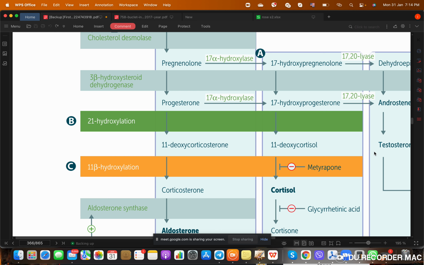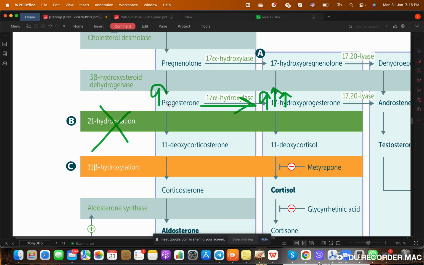And that's what they ask, not the progesterone. Why is it not the progesterone? Because we inhibited this step. It's true, this will be increased, this will be increased, but this pathway is working. If this pathway is working, this will be increased much more than the other.